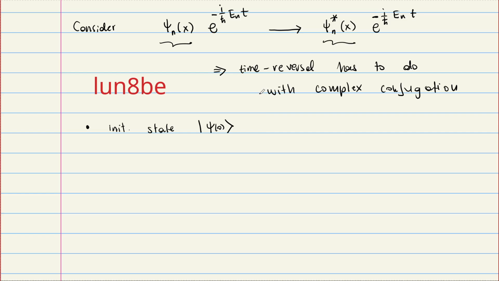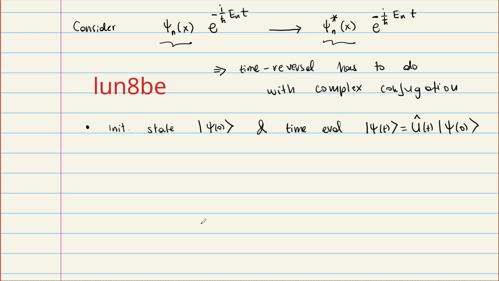So if we time evolve, last time we found we have something like psi of t, which is given by U of t hitting on this psi 0. This is how we do time evolution. We have the time evolution operator.